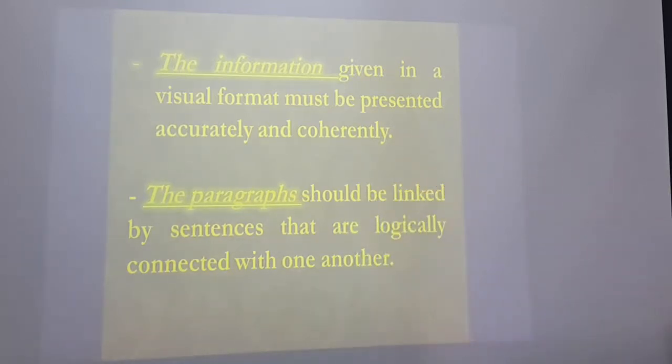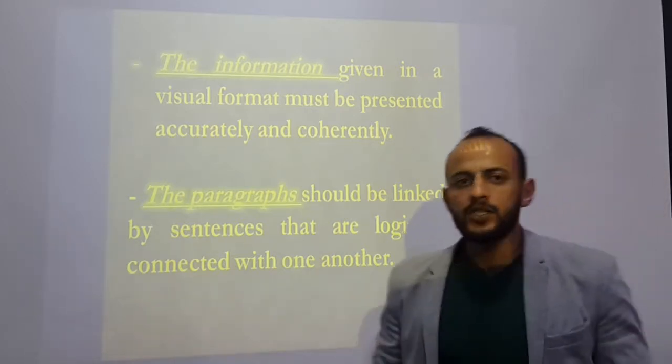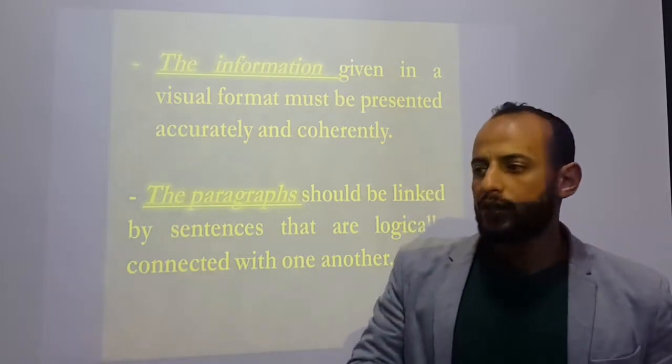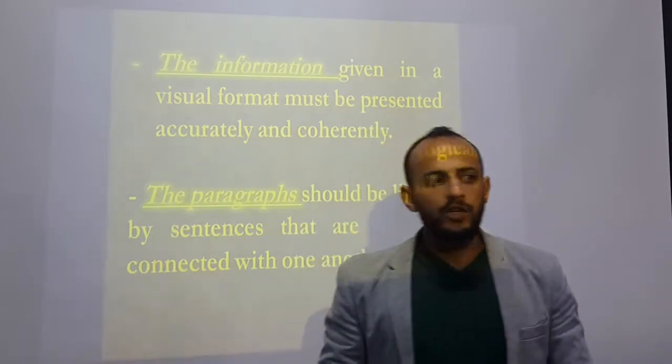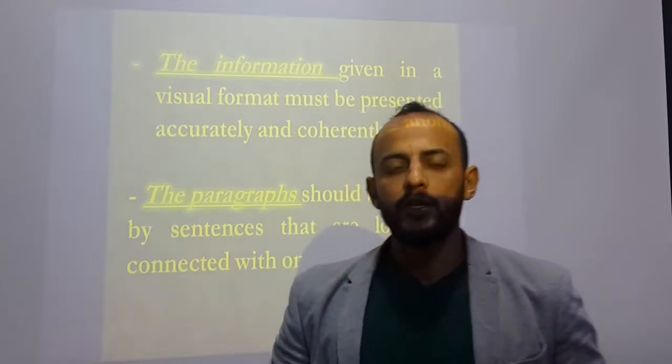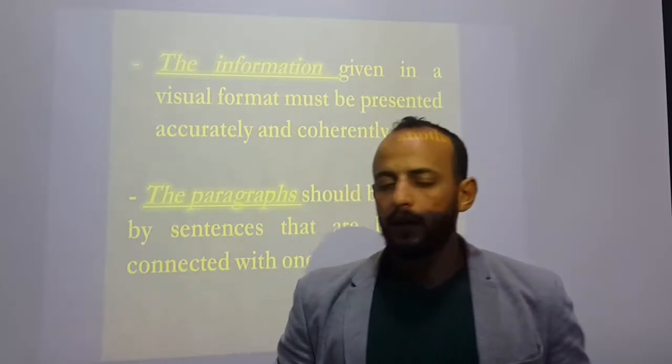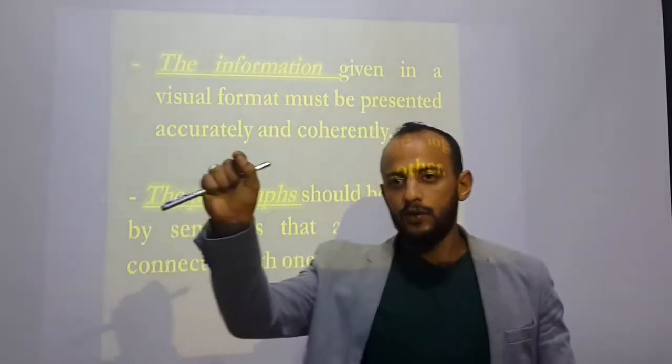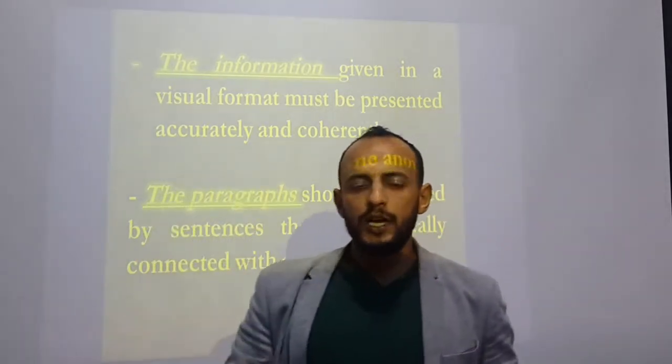The first point, as you see, is that the information given in a visual format must be presented accurately and coherently. So, you will see a graph, and there are some pieces of information. You need to write about this information. It's based on what you have in the graph or in the chart or the table.